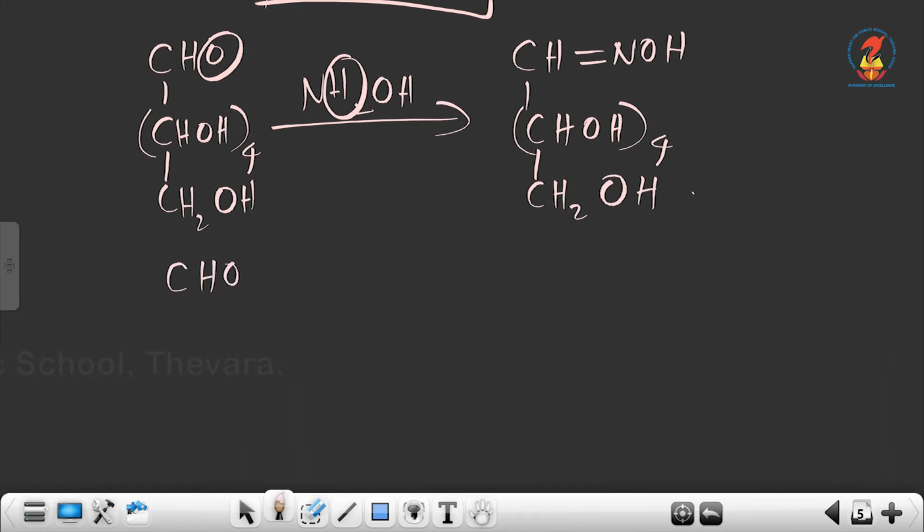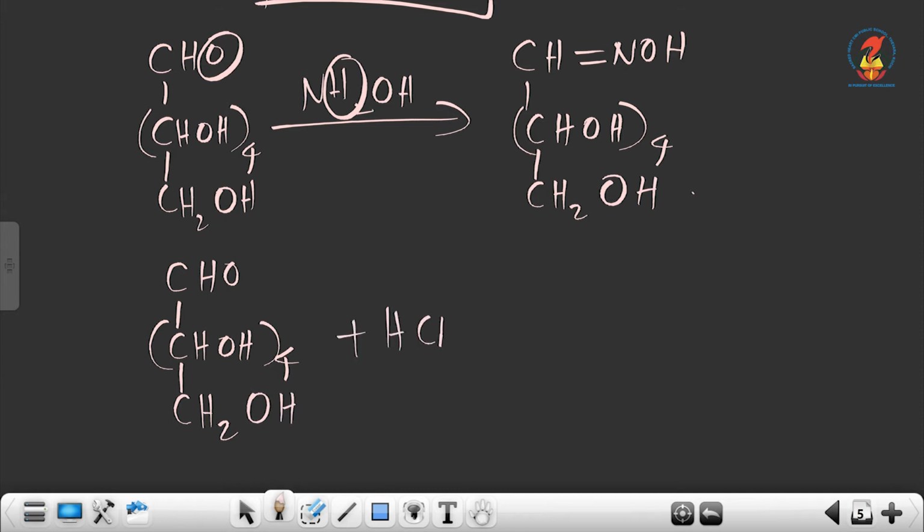Now the reaction of glucose with hydrogen cyanide. So again CHO, (CHOH)4, CH2OH plus hydrogen cyanide. Now hydrogen cyanide is added to CHO after breaking C=O. So how will you write the product?